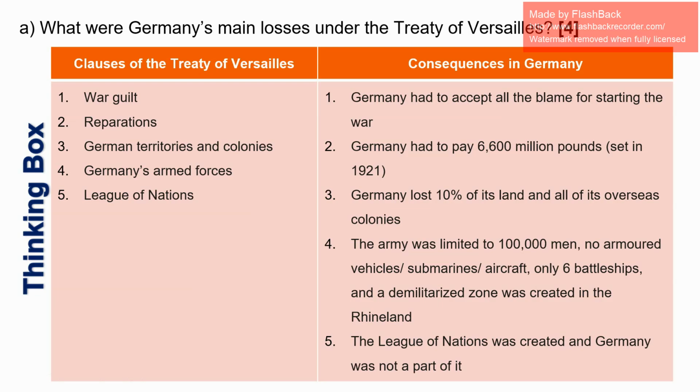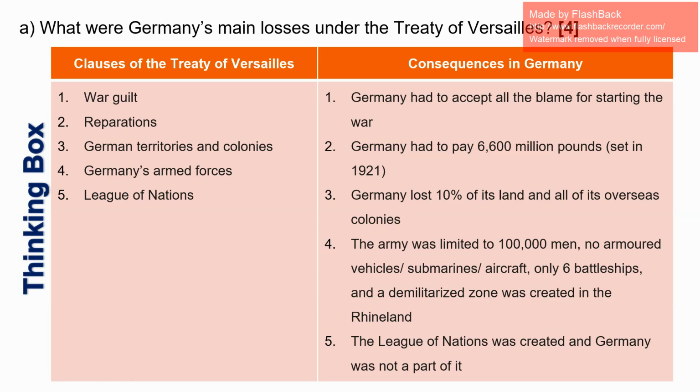Reparations that were not even stated in the Treaty of Versailles. They were given to the Germans years afterwards. And we are talking about millions of pounds. So of course, they weren't really happy. Plus, their country was pretty much economically destroyed after the First World War, and they had to pay millions of pounds in reparations. Yay for the Germans.